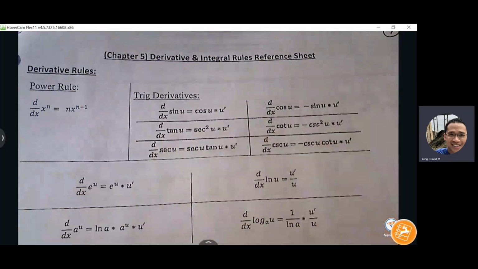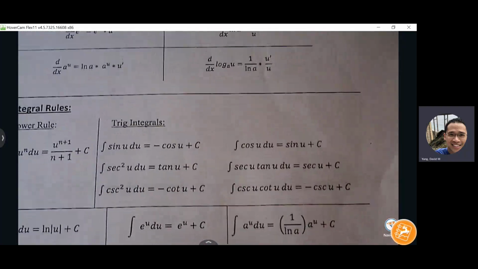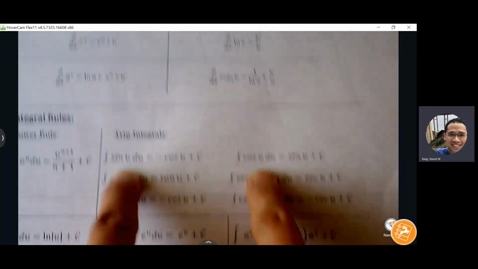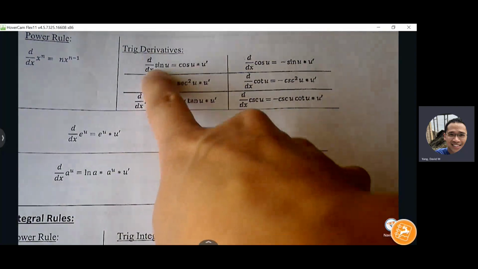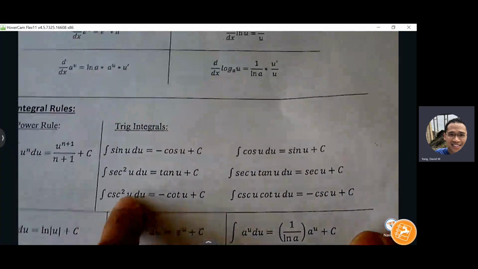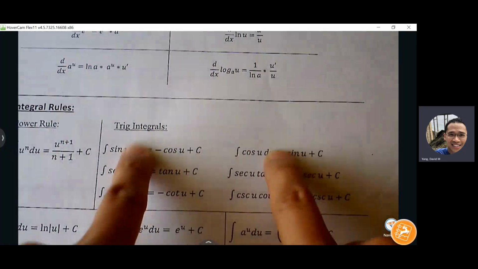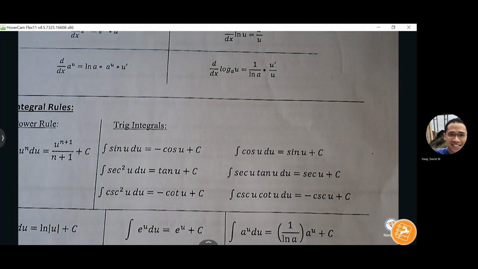These 6 trig derivatives can be turned into trig integrals simply by moving from the right side to the left. If sine's derivative is cosine, then cosine's antiderivative must be sine. So we see that here, right? And hopefully we're comfortable with these trig integrals because we're just working backwards from the trig derivatives.